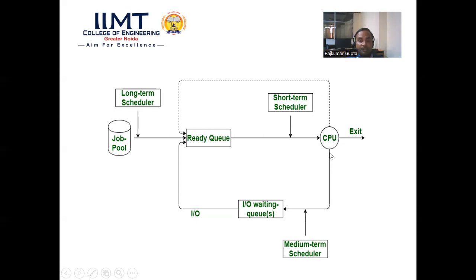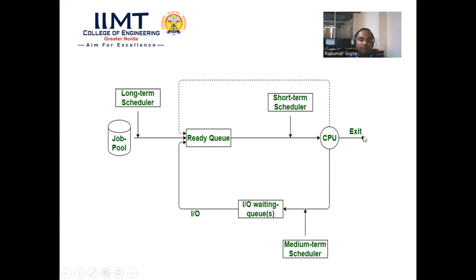If any event occurs, or for any reason the process has to wait, then it is handled by the medium-term scheduler. I have mentioned here the input output waiting queue, and after this the process goes again to the ready queue, is selected by the short-term scheduler and assigned to the CPU, and after completing its execution it exits.